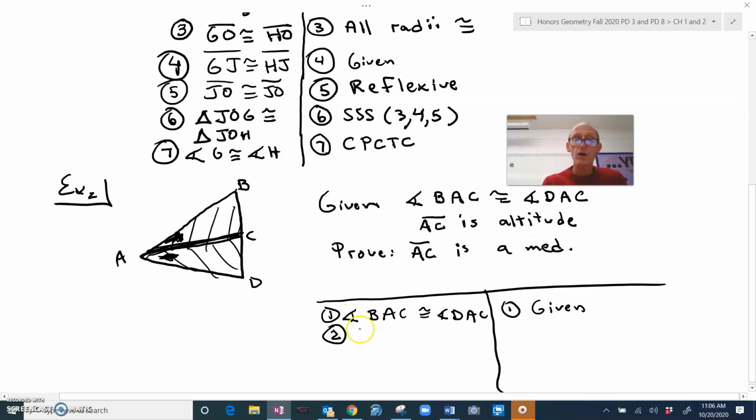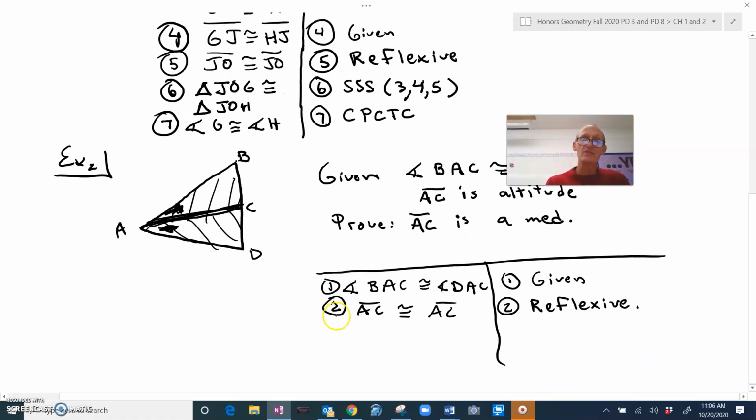We can also say that AC is congruent to AC because of the reflexive property. Now, AC as an altitude is my third statement. I forgot to put the statement reason up there, but there they are. Statement is AC is an altitude. That's given.